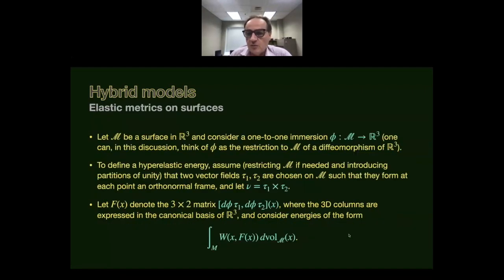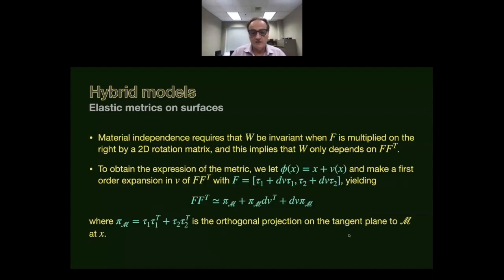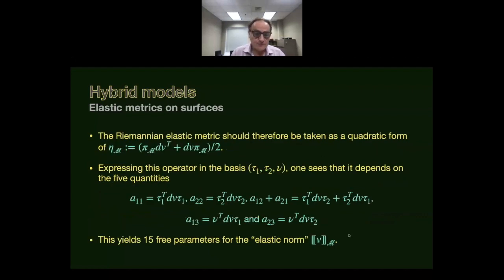You can do exactly the same approach on surfaces, and here really I do not have the time to give the details, but it's exactly the same idea. It's just using the principle of using an elastic material, doing a first order expansion, using some invariance condition, and what you get at the end is a model for deforming surfaces that has 15 free parameters.